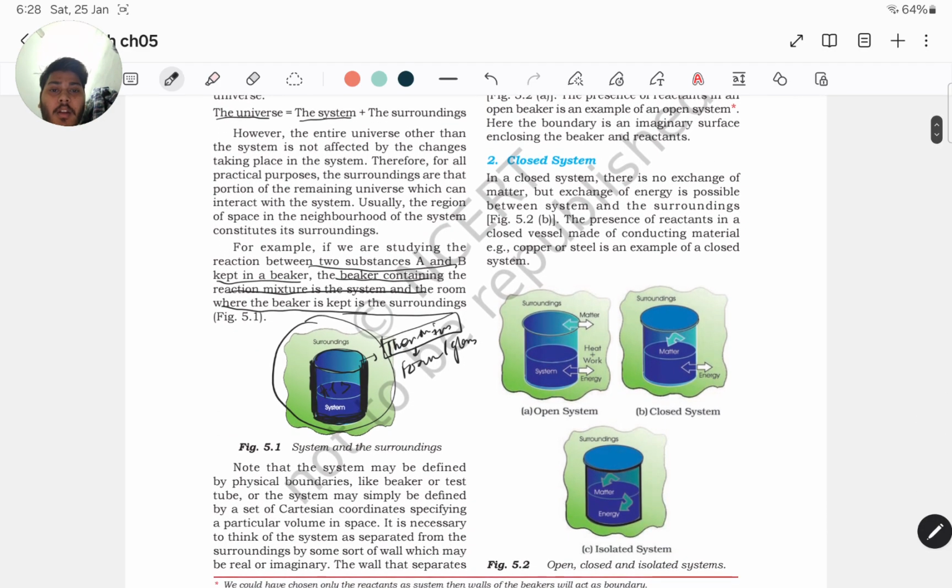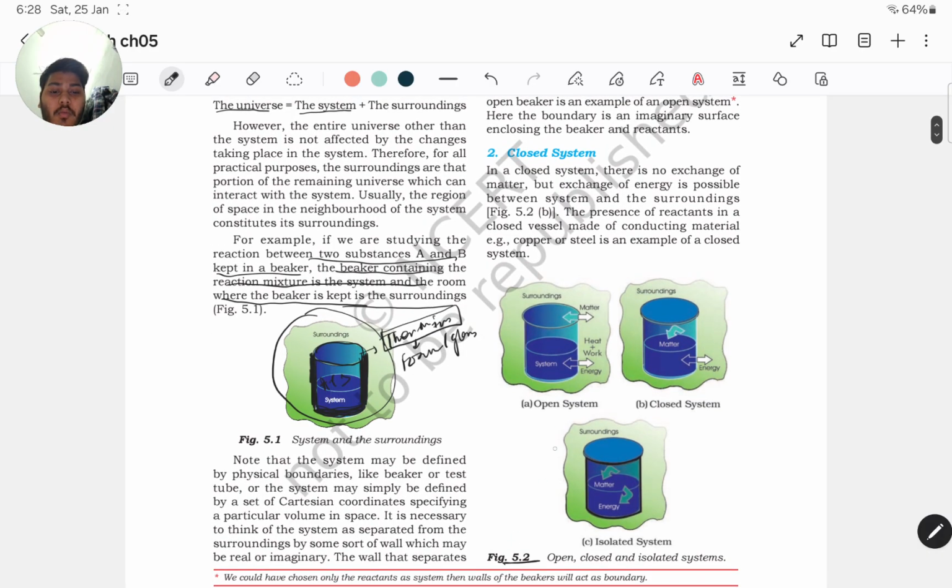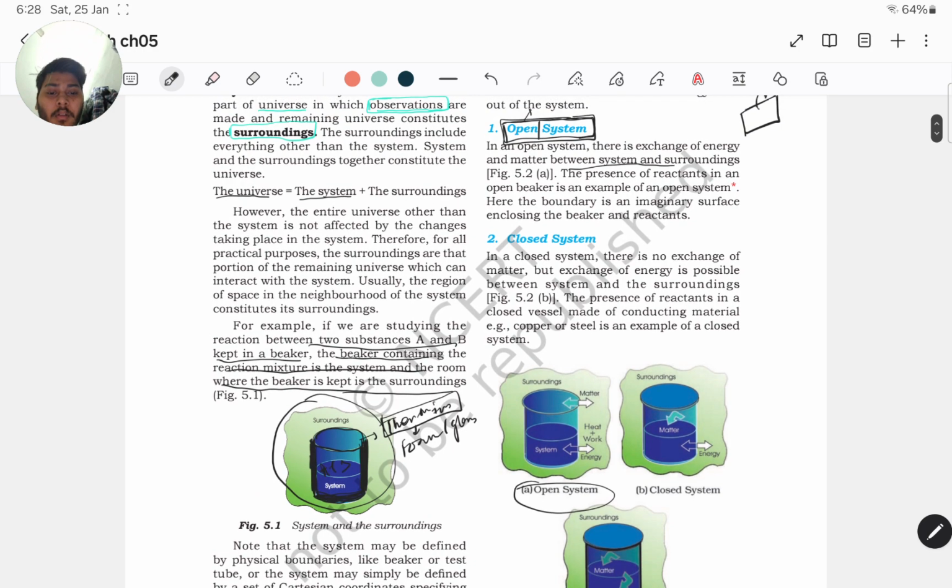That is given in figure 5.2. In this 5.2, system A is the open system. As we studied, that is a system, a beaker, and there is a NaOH and water solution present in the system. When we add water to NaOH, it directly starts heating, meaning that it is an exothermic reaction.